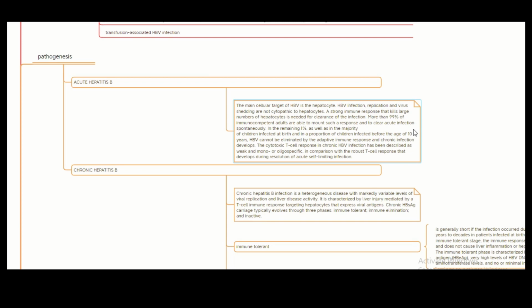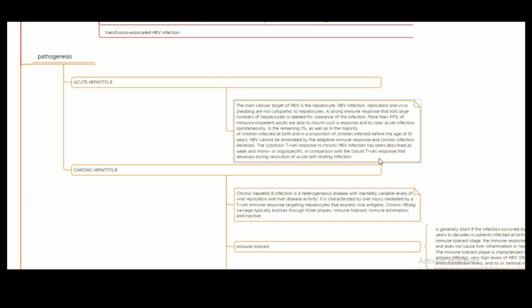This is for acute hepatitis. If we don't have this strong immune response, the patient will go into chronic hepatitis B. The pathogenesis of chronic hepatitis will be described in a few phases. These phases were the building block of the old classification system.